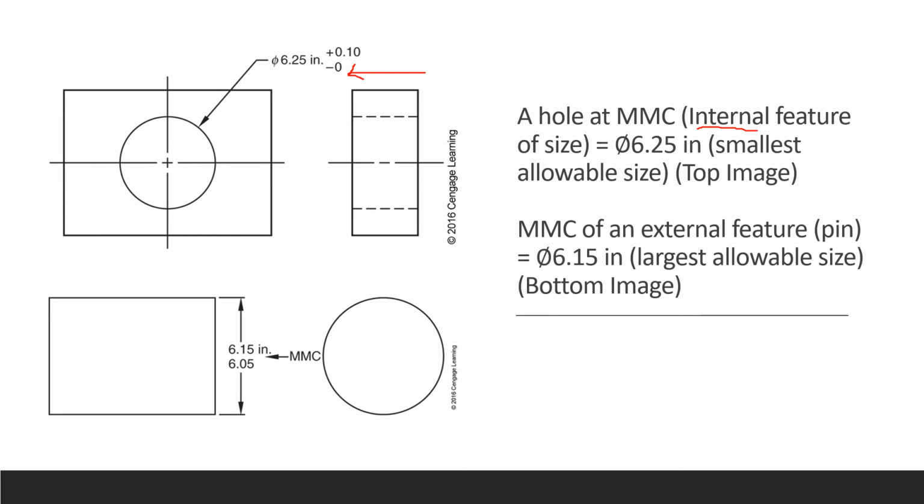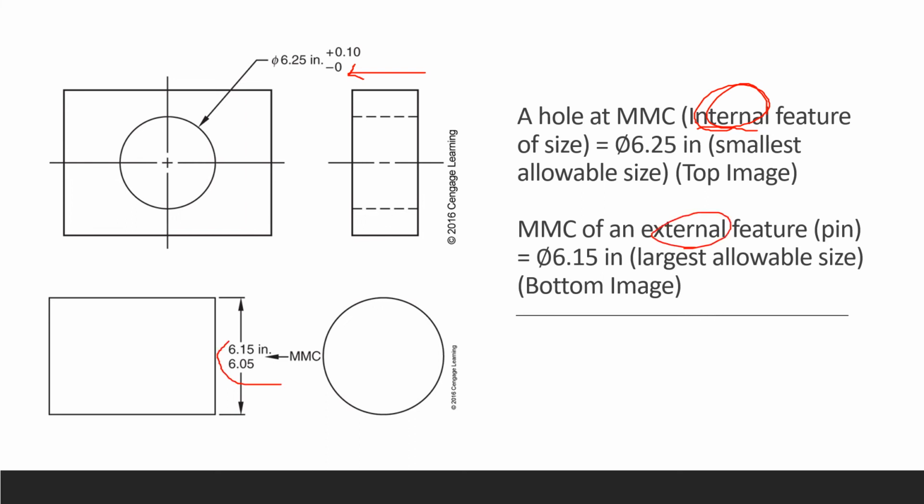For a hole, it's got to be internal. Here's your key point: internal is going to be the minus tolerance. Here in this case it is 0, so it's the same as 6.25 if you go by math. The second one, external.